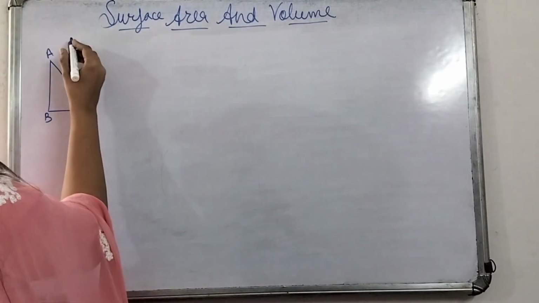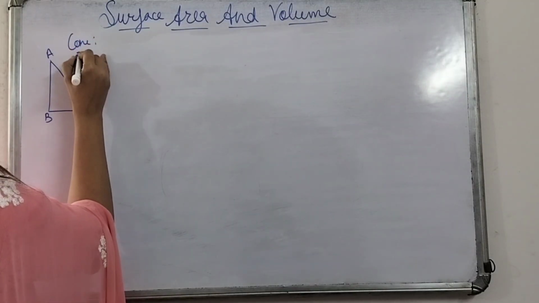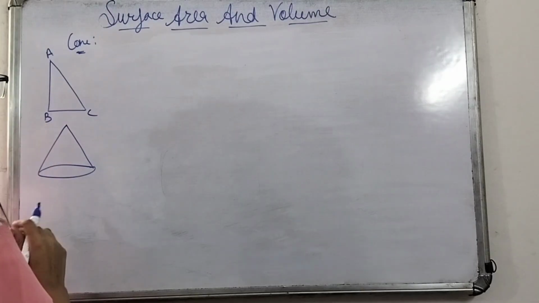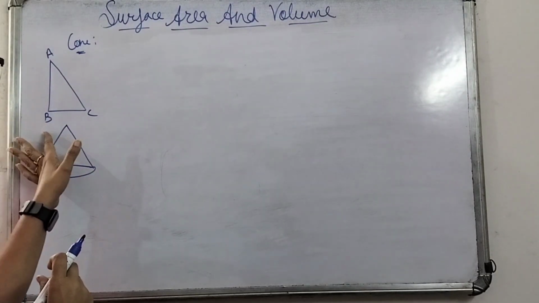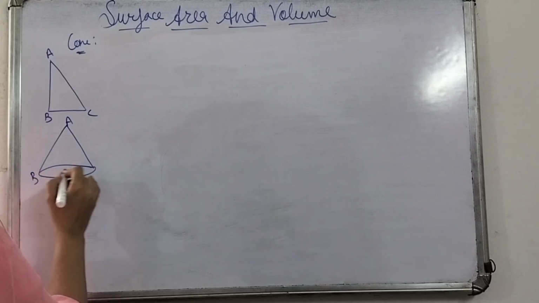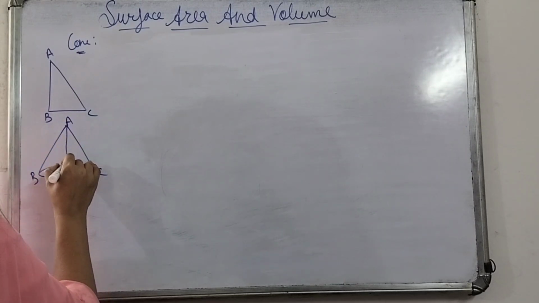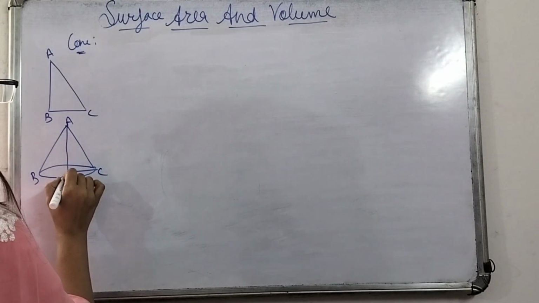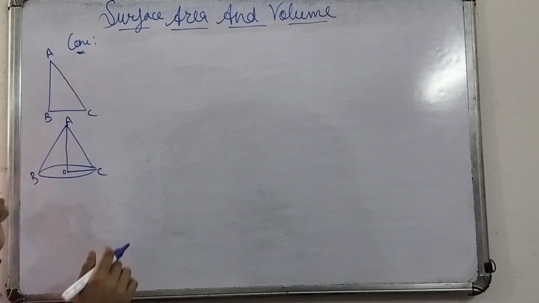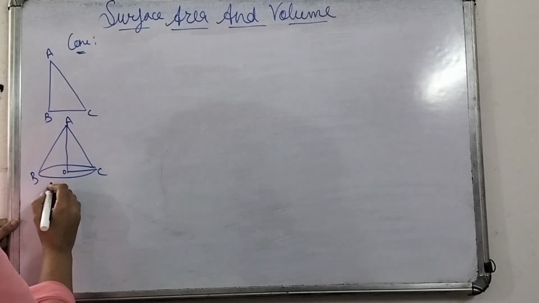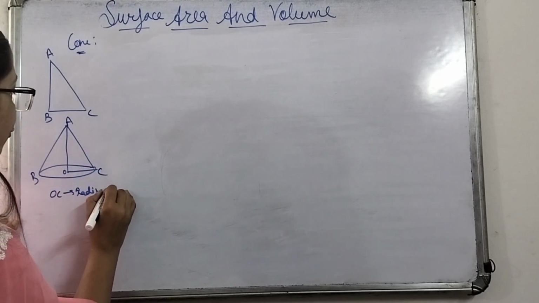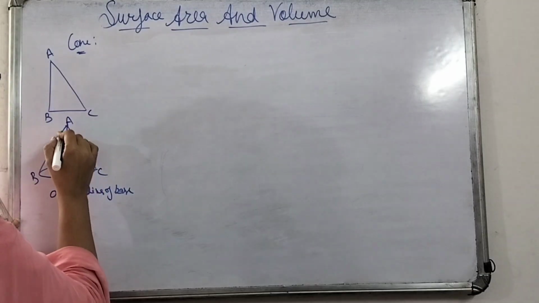So we will be learning about the cone, which looks like this. This is the shape of a cone whose base is circular and this is the curved face. This is A, B, C. Suppose from here we have drawn a perpendicular, and suppose this point is O. So OC will be the radius of the base, that is, the circular base.